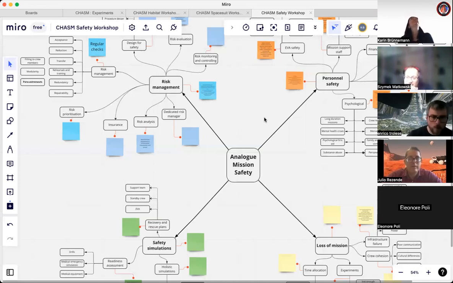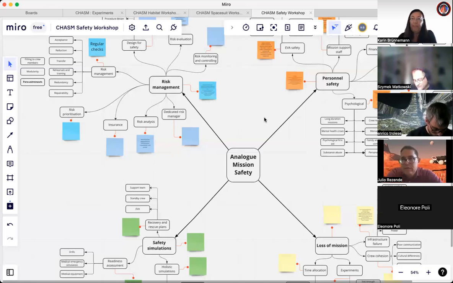Do we think that it would improve analog mission safety if we had more cooperation between the missions? Yes, also, I believe this is one of the high points of this Congress: to think about safety.